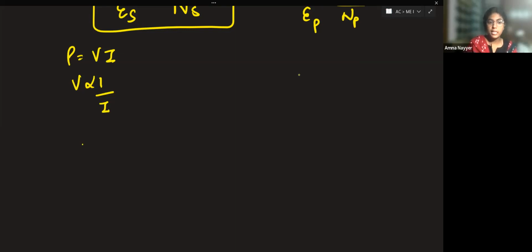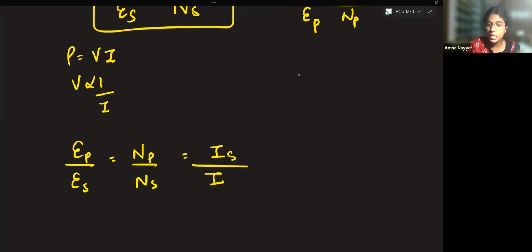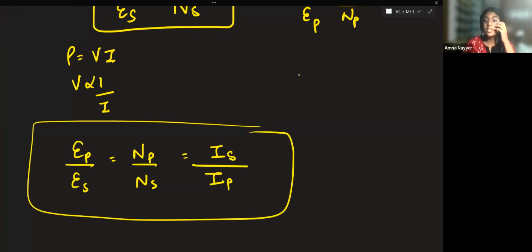EP by ES can be written as NP by NS. But when you write current, it's secondary in the numerator and primary in the denominator. Whatever you have written for voltages and number of turns, reverse it for current because current is inversely proportional. EP by ES is NP by NS, but it won't be equal to IP by IS. Your answer will become completely wrong and you will get a huge amount of current. So it's IS by IP because it's inversely proportional.